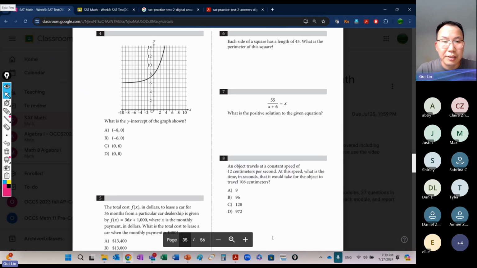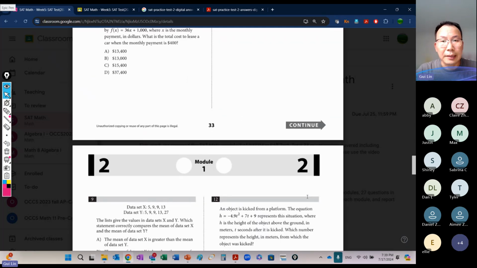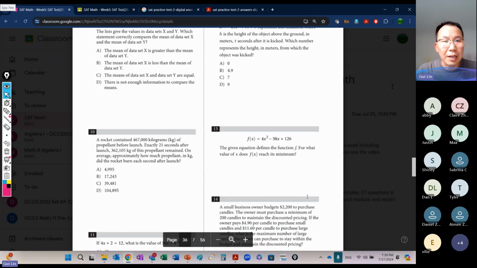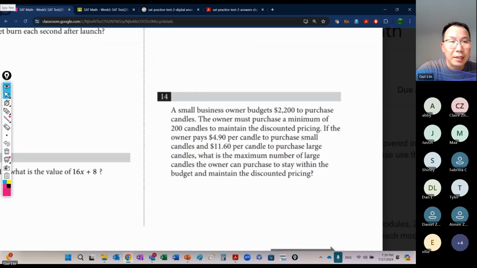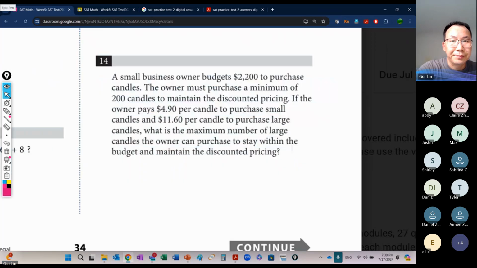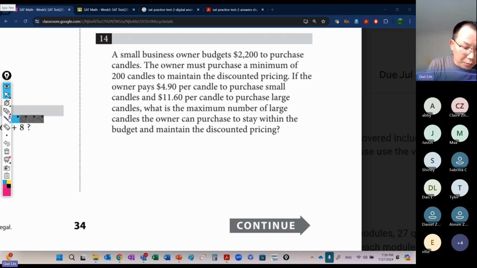I will answer Sherry's challenge question first. It is module 1, question number 14. I will jump down to 14 here. Let me know if you have a question about the one you failed in the challenge.